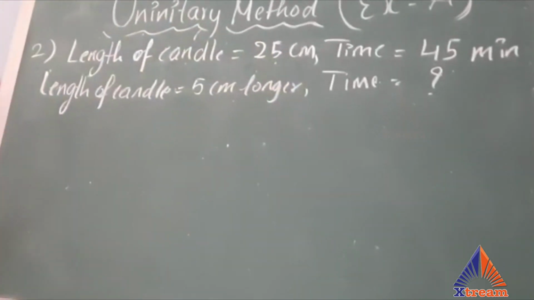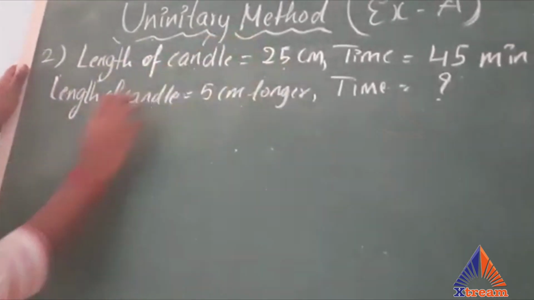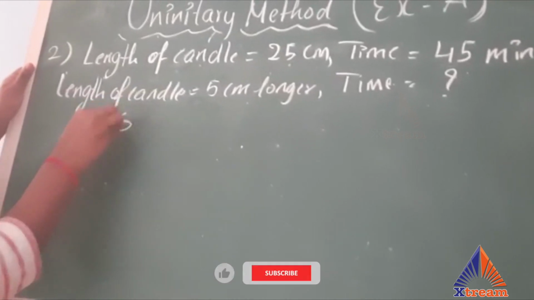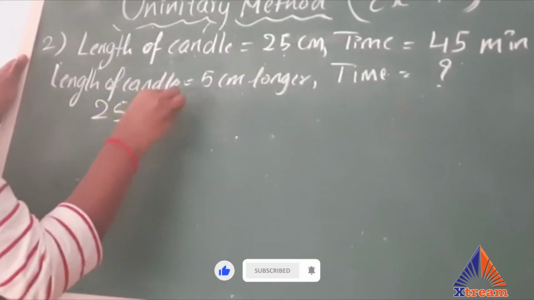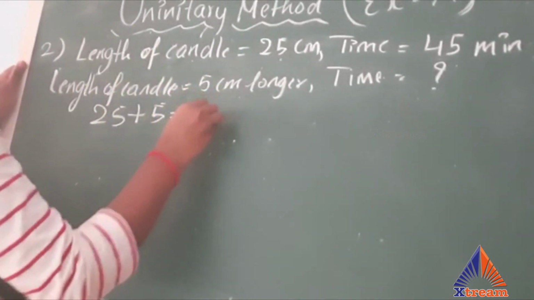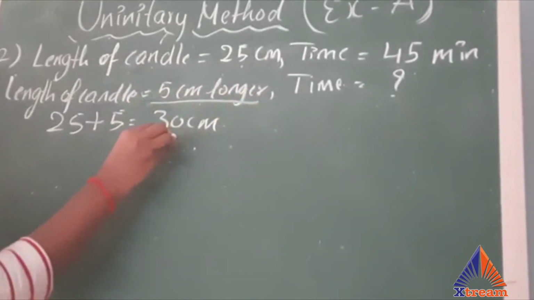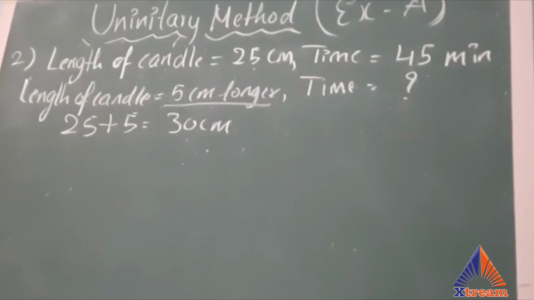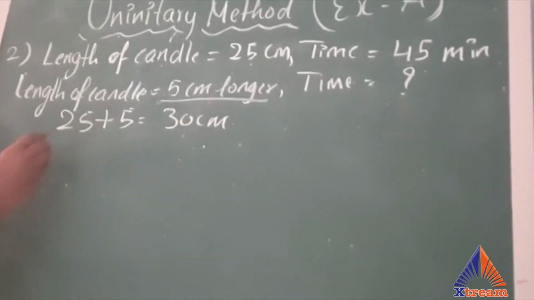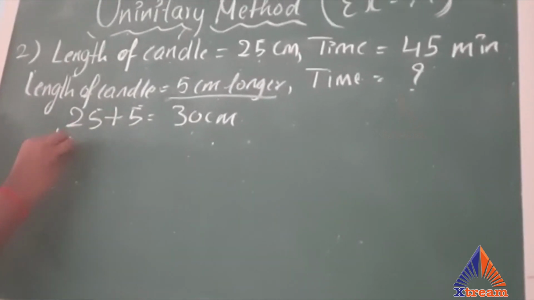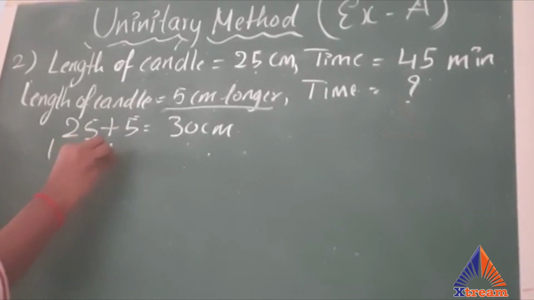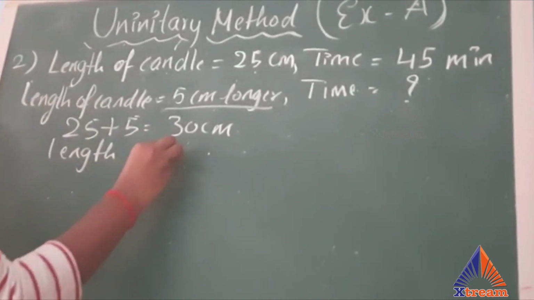That means we need to first add these two, that is 25 plus 5 is equal to 30. So the length of the second candle will be 30 centimeters. Now let's find this with the arrow method. The first quantity is length and the second is time.